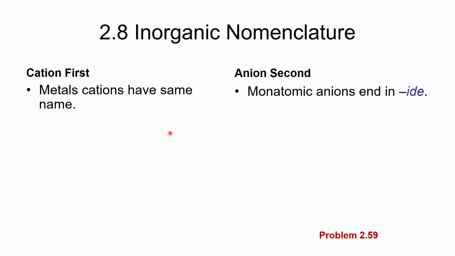The anion, we're just going to change the ending to "ide." You probably are familiar with these, like oxygen is oxide, and fluorine is fluoride, and chlorine is chloride. So we just change the ending to "ide."